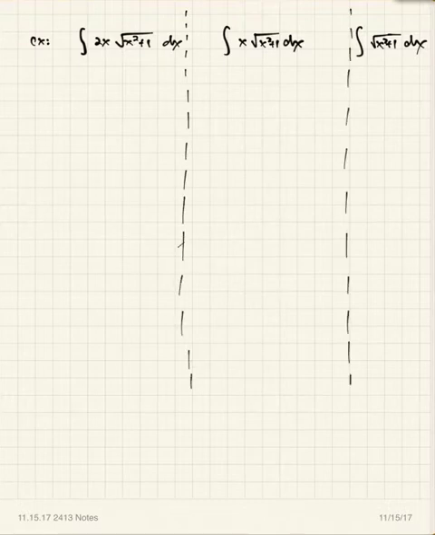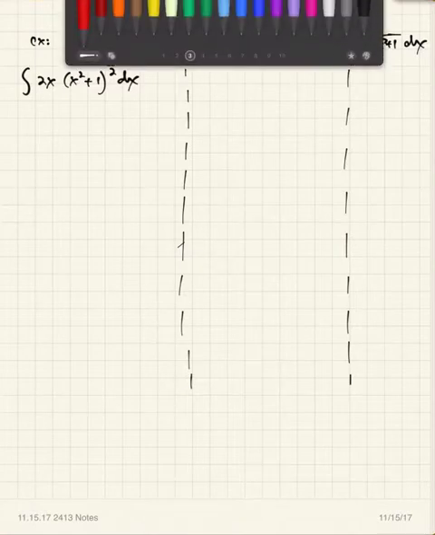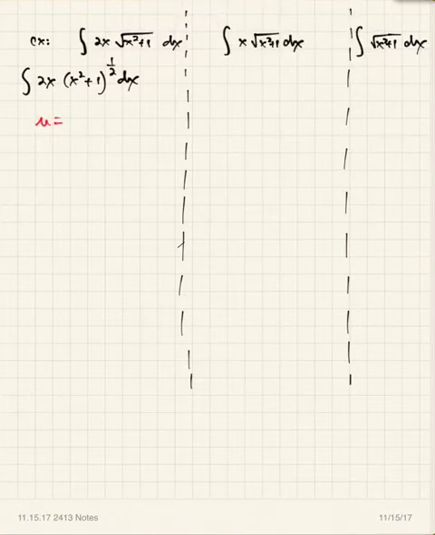Okay, so let's see how we can do this first problem. First of all, rewrite the radical as an exponent. So instead of the square root of x squared plus 1, let's write x squared plus 1 to the 1/2 power. We do have a function raised to a power in there, and so this is set up perfectly for a substitution. We let u be equal to the inside function like we've been talking about.